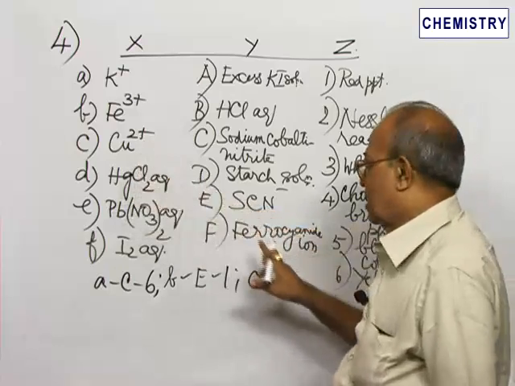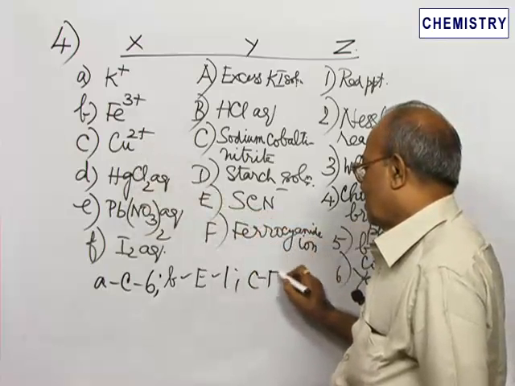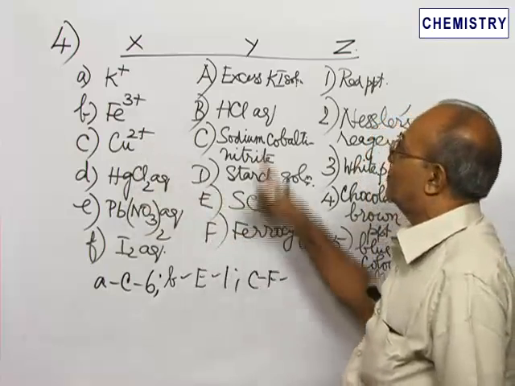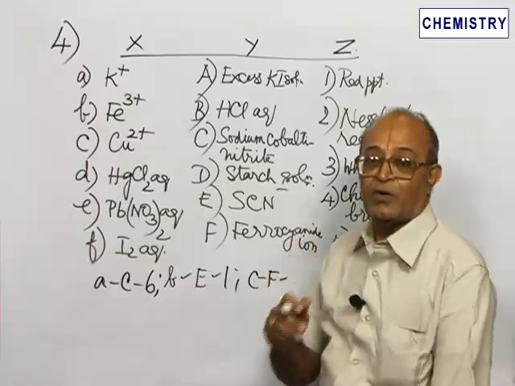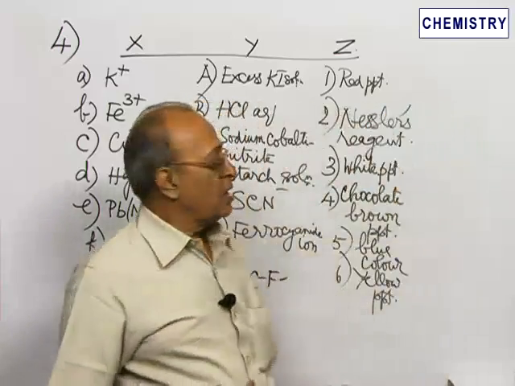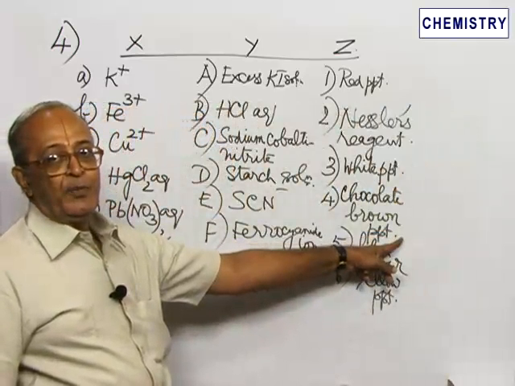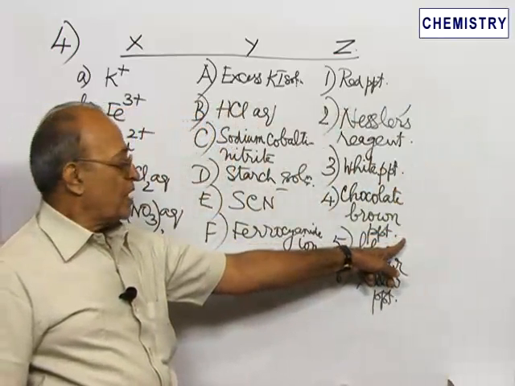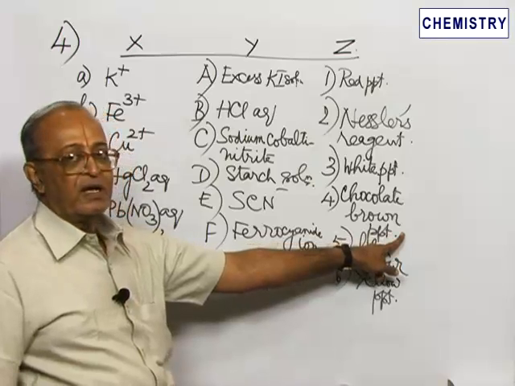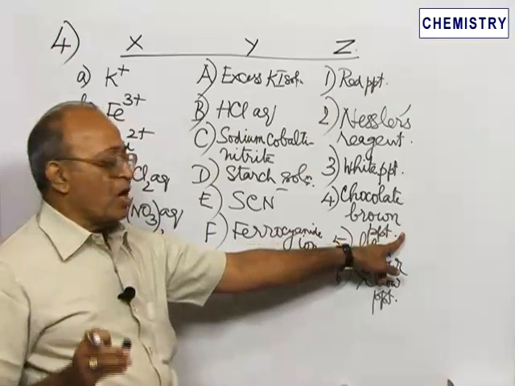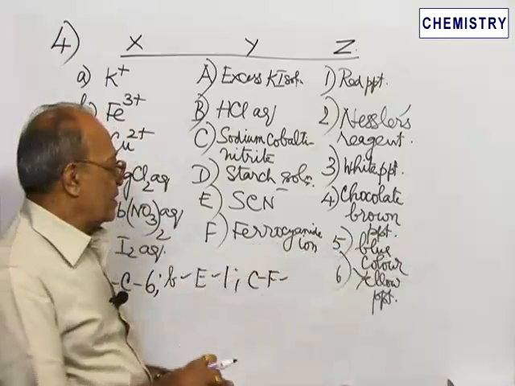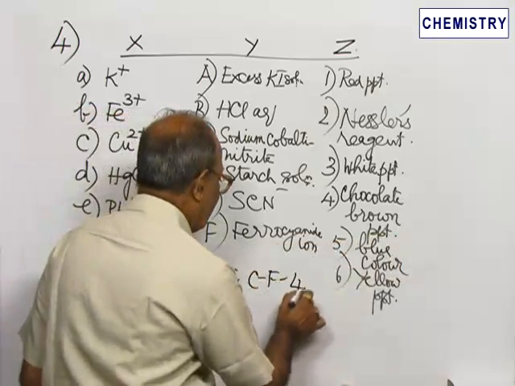Usually, cupric ion reacts with ferrocyanide ion F from Y to give a chocolate brown precipitate, which is 4.